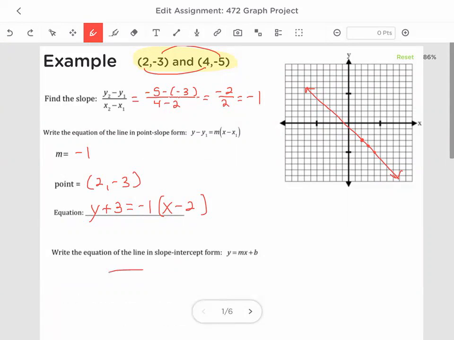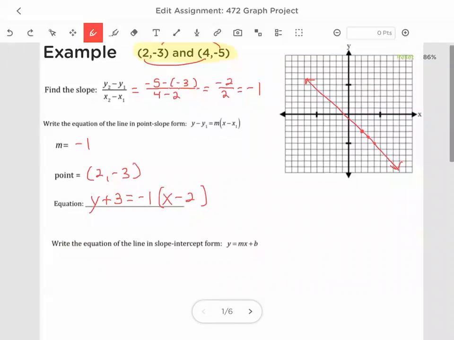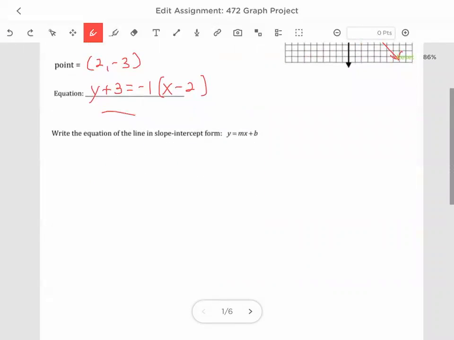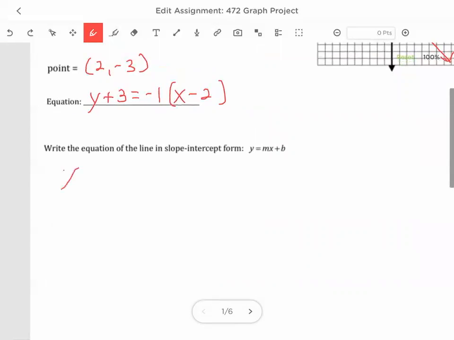Now this part is new, okay? So this part where we're going to change it from point slope form into slope intercept form. So that's kind of new for today. But what we do is we take our equation here. So we had y plus 3 equals -1 times x minus 2.